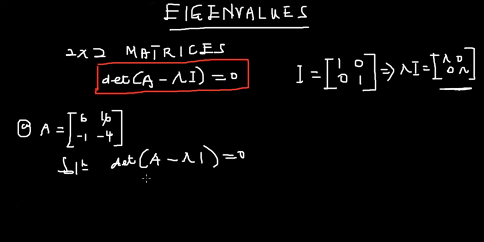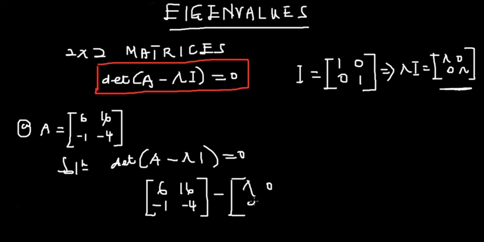So let's proceed. First you need to write out the matrix itself, the 2x2 matrix. So you have 6 16, and then minus 1 minus 4, and then you subtract that from this expression. So we have the eigenvalue, 0, and then 0 and the eigenvalue again.